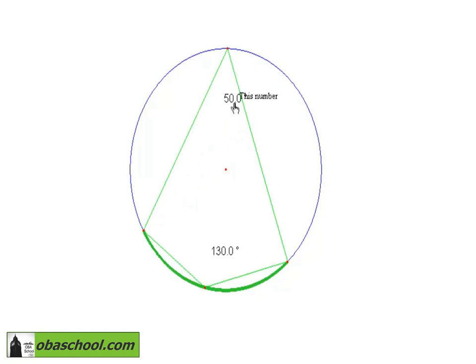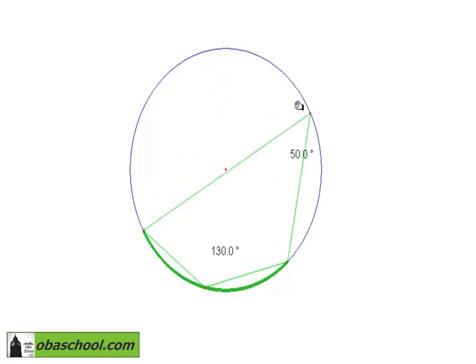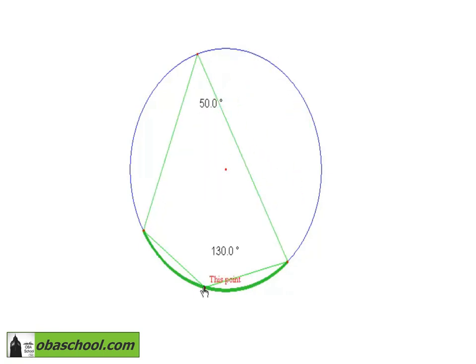So now consider this diagram. We have 50 degrees here and 130 here, so they add up to 180. One of them stands on the minor arc and the other on the major arc. If we consider that we have a quadrilateral, a four-sided shape, where all four of the vertices lie on the circumference of the circle, then we call this a cyclic quadrilateral.